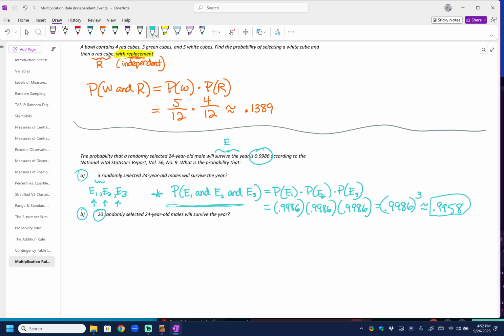Here, we had 3 of these males surviving at 0.9986, and it ended up being 0.9986 to the third. So if we have 20 of them, then it should be 0.9986 to the 20th. So that's going to be a little bit different in terms of probability, but not too much. You're going to end up with 0.9724 as your result, which is a little lower probability, and that makes a lot of sense in terms of the fact that you have 20 instead of 3 people.